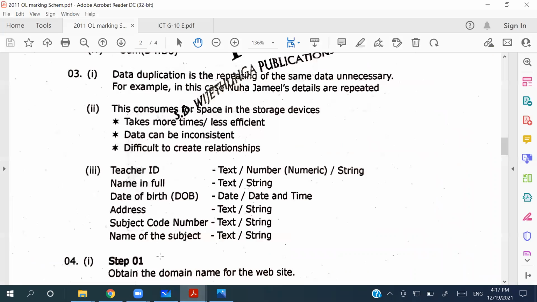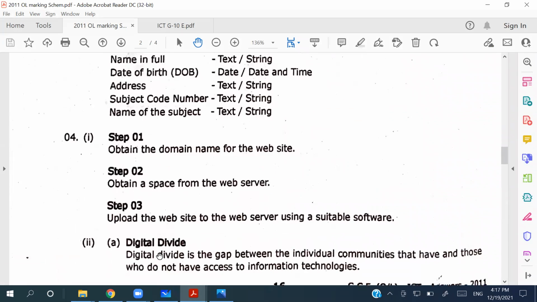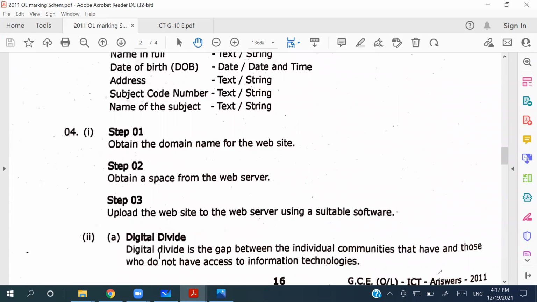So you can say, step 1, obtain the domain name for the website. Step 2, obtain space from the web server. And the last one says, upload the website to the web server using suitable software. Right? So if you have made your own website, first you have to have a particular domain name.